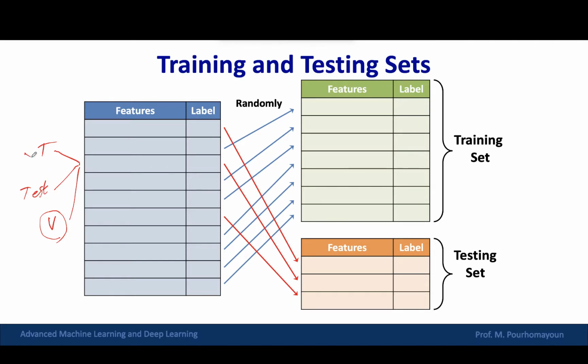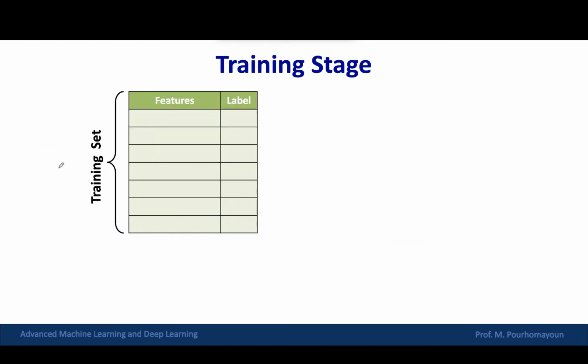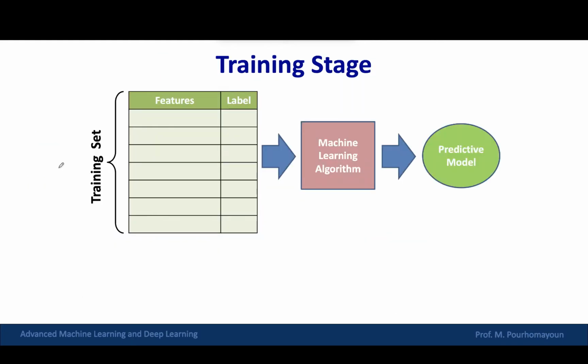You train on the training set and then use the validation set to adjust the parameters of your machine learning model, since every machine learning algorithm has some parameters that should be adjusted. You find the best parameters and then eventually test on a new data set, the testing set, for the final report. So this is the idea.